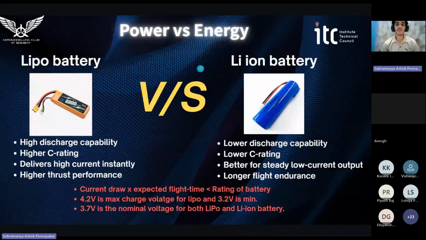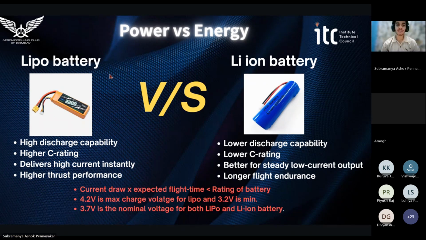Here's the lithium polymer battery versus lithium ion battery. This is power versus energy. Lithium polymer battery, as you can see, is for high discharge capability. It has higher C rating, delivers high current instantly, and gives higher thrust performance. Similarly, you can see for lithium ion battery as well.